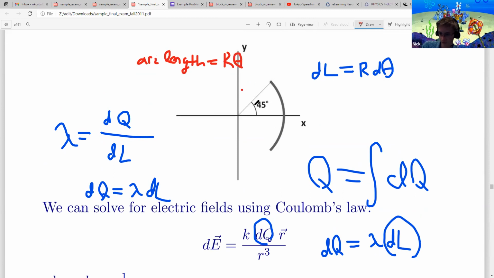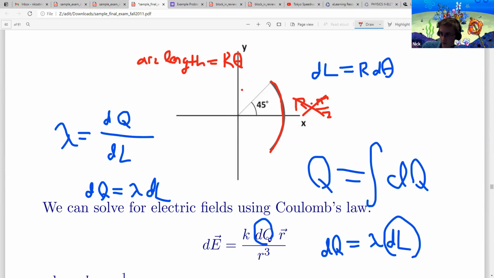In this case, my arc length would be my radius, r, and then it spans pi over 2, because 45 plus 45 is 90, which is pi over 2. So that's my arc length, a simple application of that formula.